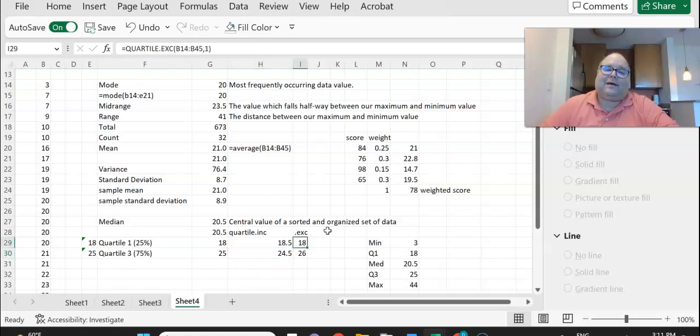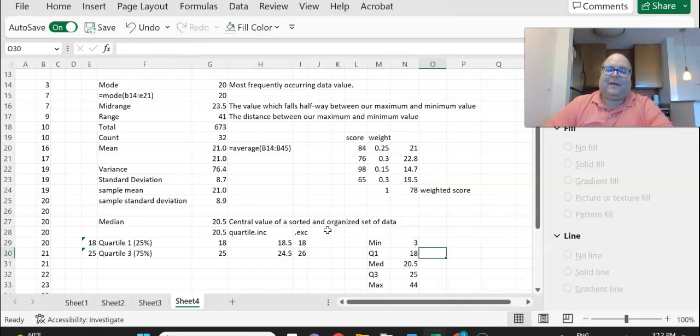QUARTILE.EXC, which eliminates certain values before it does the computation, gives us a value that in the lower one matches, but in the upper one doesn't appear to. And it is just weird. So you can either use the median of the lower half, the upper half, and the whole thing, or the quartile inclusive. You just need to be careful what you do, although you can always do it by hand.